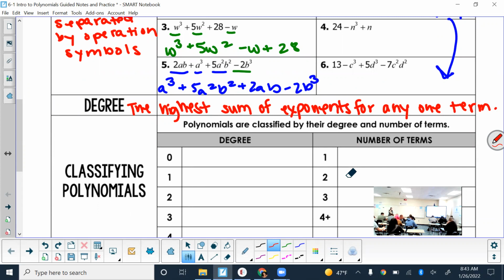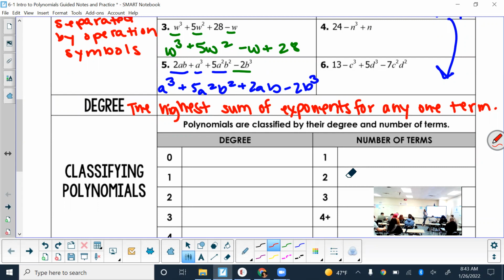So you're going to have to classify polynomials by degree. And this is what I'll kind of do above some of the ones that we already did.